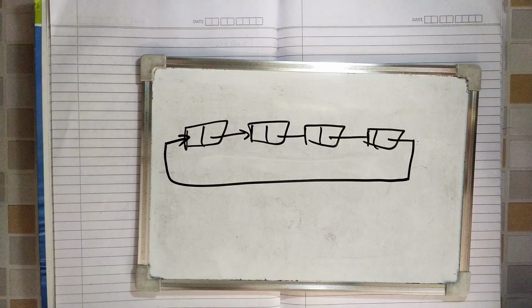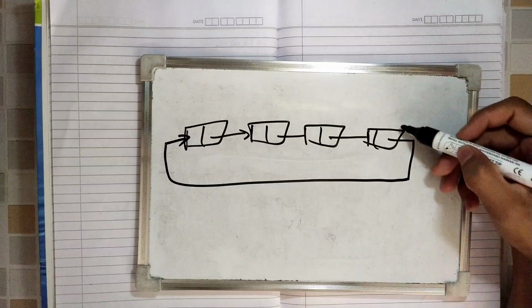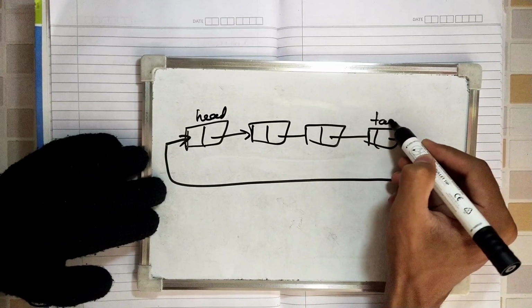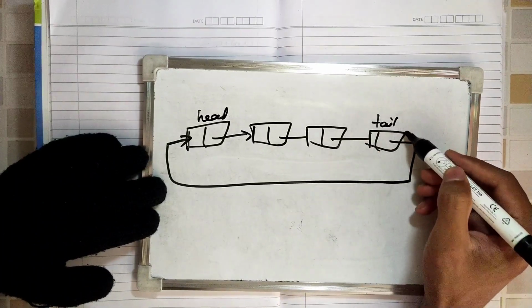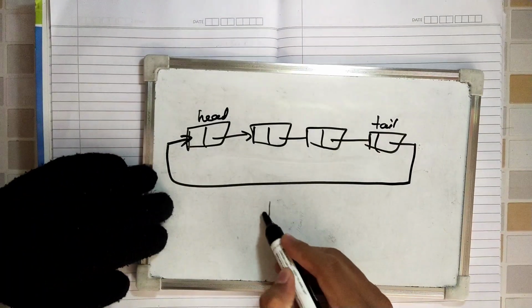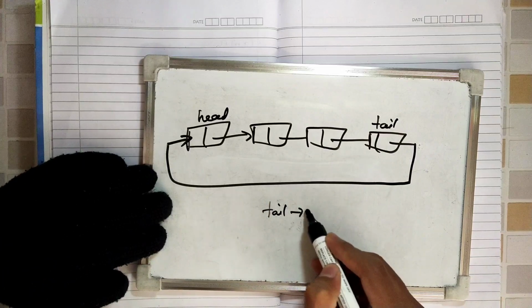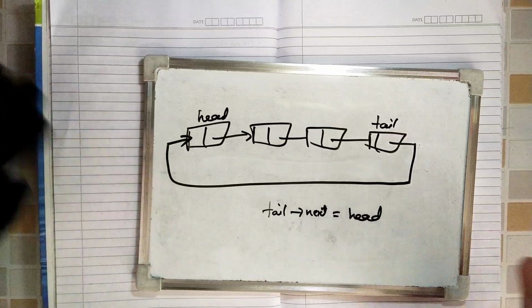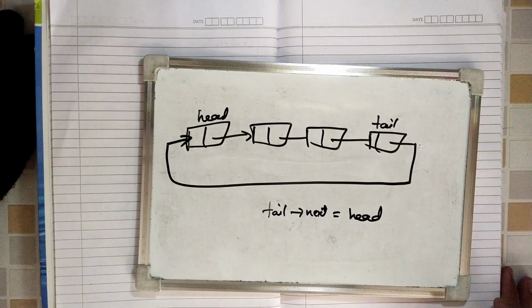Just one thing: wherever we write null, there we will write the head. So this will be my head, and my tail of next will always be my head. Remember, my tail of next will always be equal to my head.